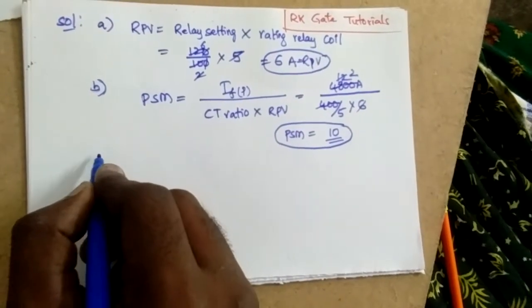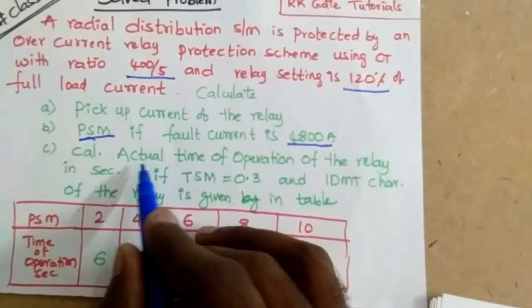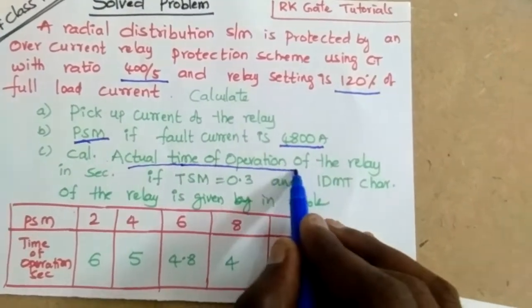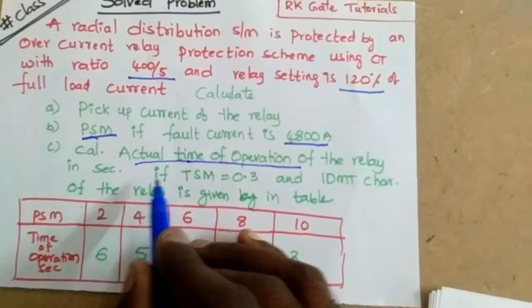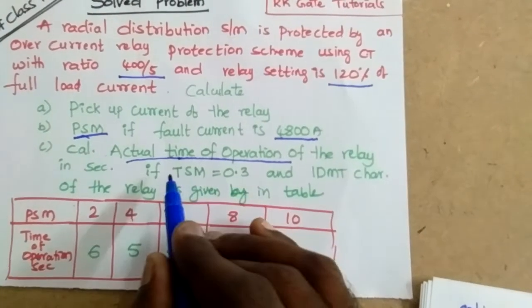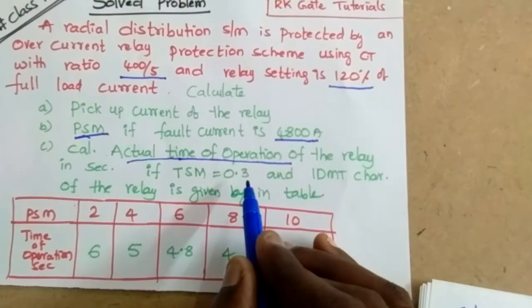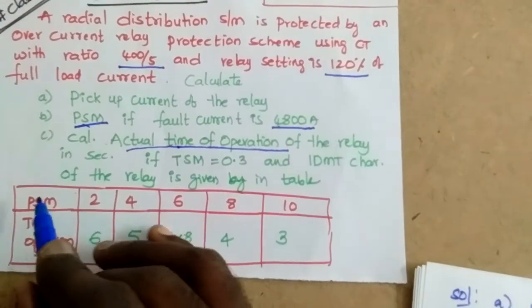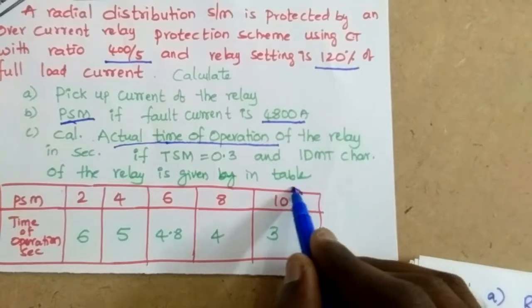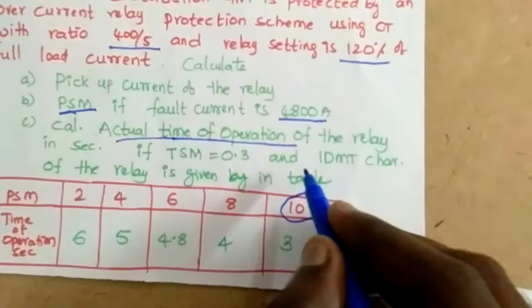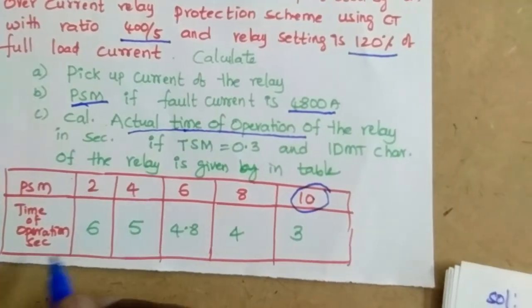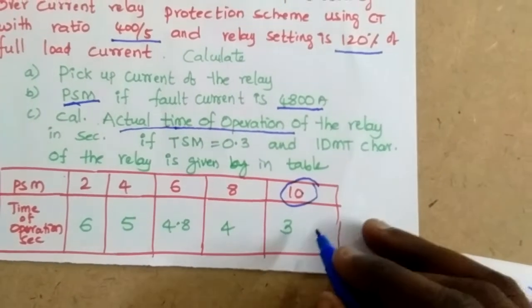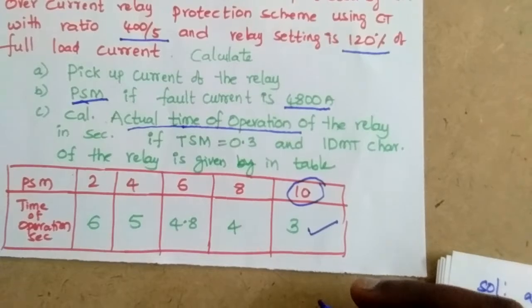Now let us look at the third, C. Here he is asking to calculate the actual time of operation of the relay in seconds if TSM, nothing but the time setting multiplier, is 0.3. The IDMT characteristics of the relay are given in a table, that is here. We got the PSM as 10 in the previous problem. For the PSM of 10, the time of operation specified by the manufacturer is 3.